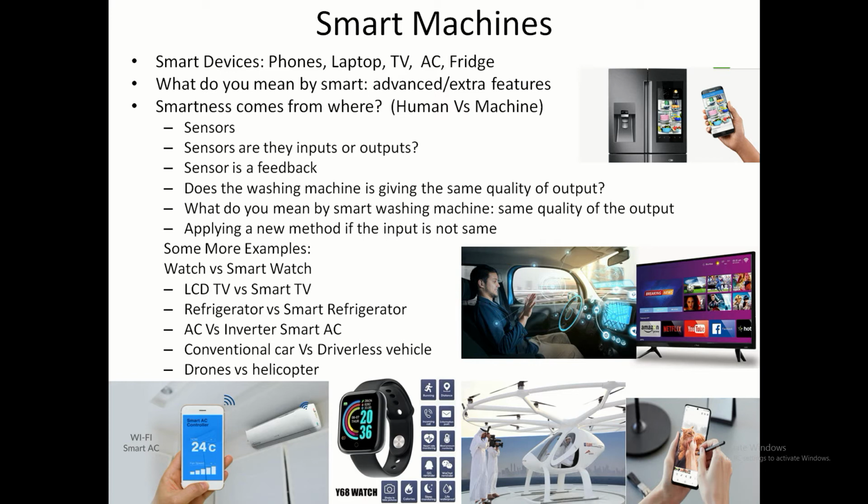Even when you purchase a refrigerator or air conditioner or a TV or a mobile phone, we say smart, right? You want a smartphone, smart TV, or smart air conditioner, and so on. So what is that smart? Where does this smartness come into the picture?